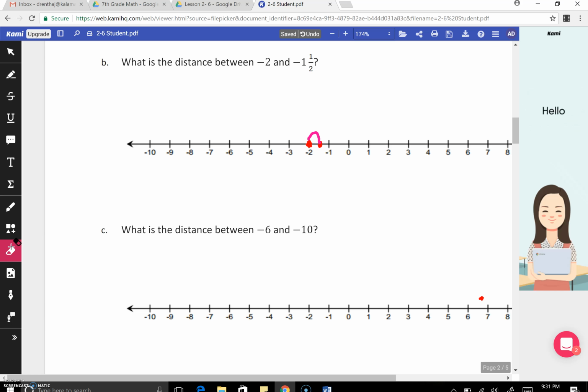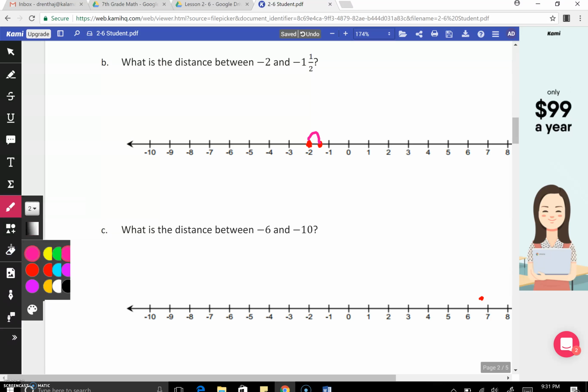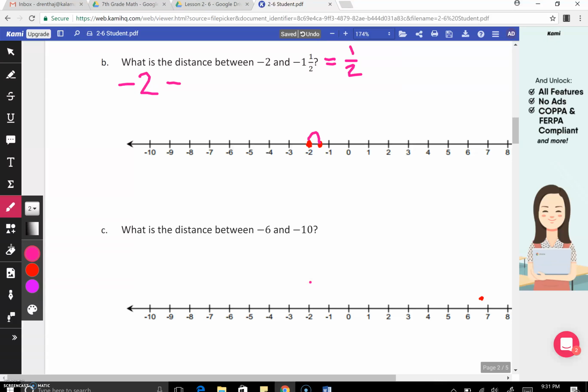But let's try that with the formula, just so that it may make a little bit more sense. The answer is going to be 1/2. Let's take a look at it with the formula. So remember, that's always going to be a subtraction problem. So we're going to do -2, because that's where they wanted us to start, minus -1.5.